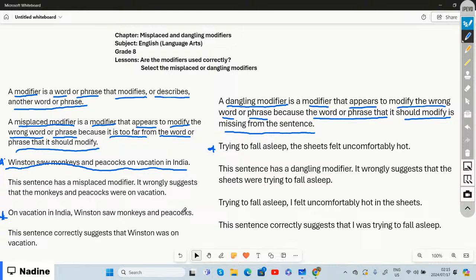And then we have a misplaced modifier. And a misplaced modifier is a modifier that appears to modify the wrong word or phrase because it is too far from the word or the phrase that it should modify.